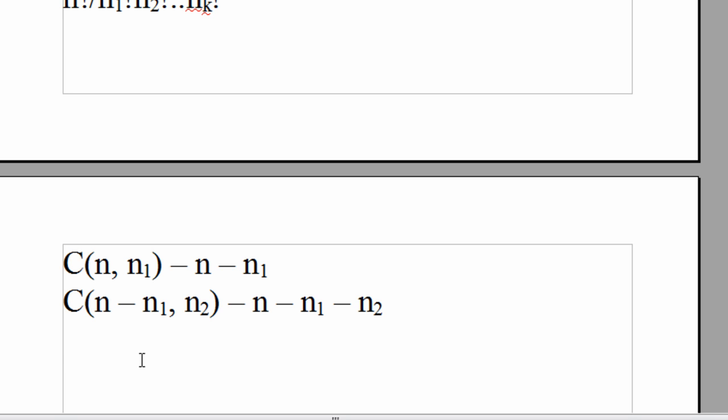And then at the last stage, the n sub k objects of type k can be placed in n minus n sub 1 minus n sub 2 minus all the way to n sub k minus 1, choose n sub k ways.